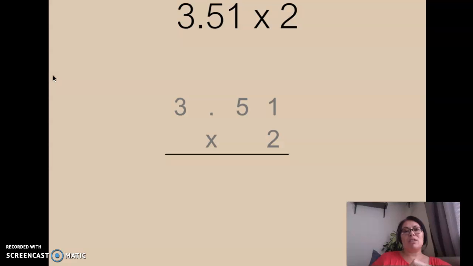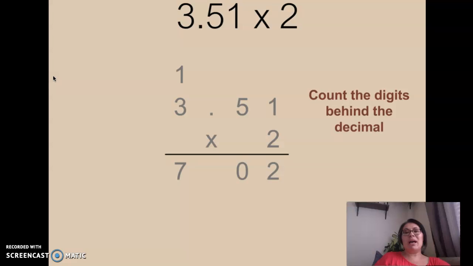So now we multiply. 2 times 1 is 2. 2 times 5 is 10. And 2 times 3 is 6 plus 1 is 7. Notice that we completely ignored the decimal to the very, very end. Now we're going to count the digits behind the decimal. So that's this spot right here. And in doing so, we find that there are 2 spaces.